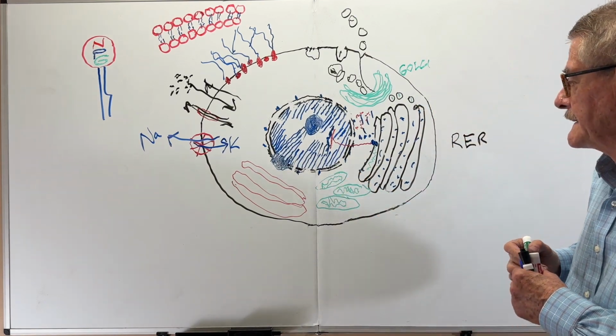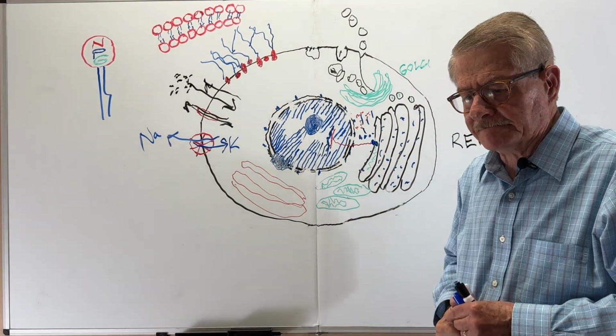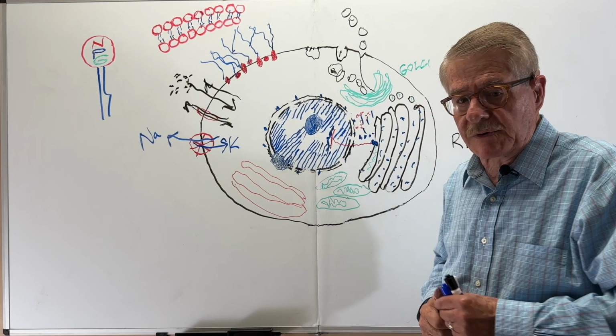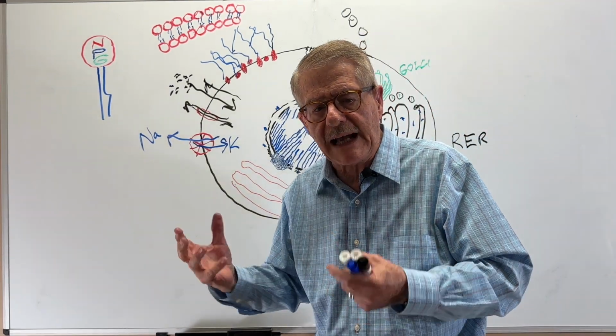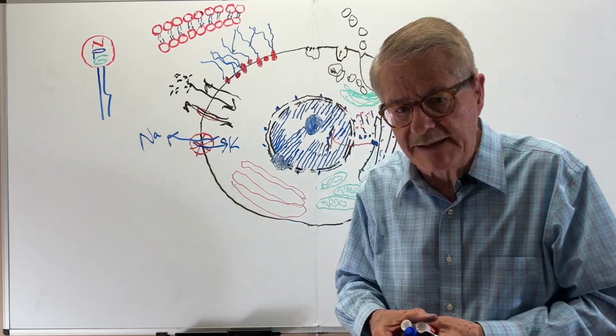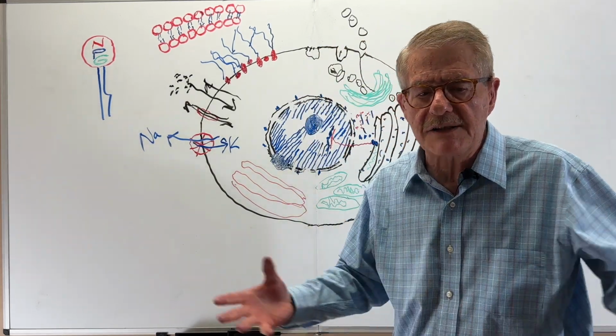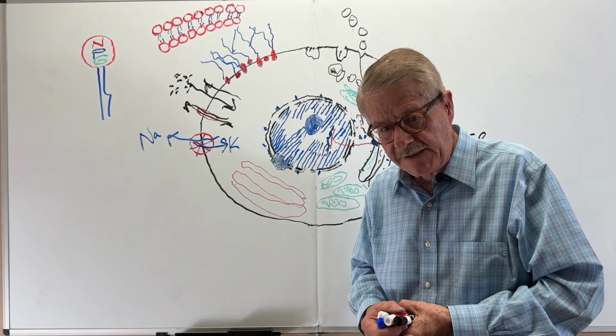Now, these mitochondria are obviously involved in the production of energy. They take up pyruvic acid or fatty acids, and they produce large amounts of ATP.